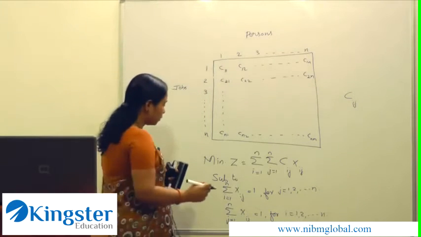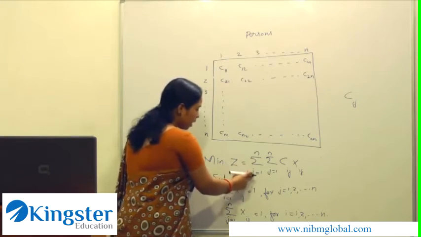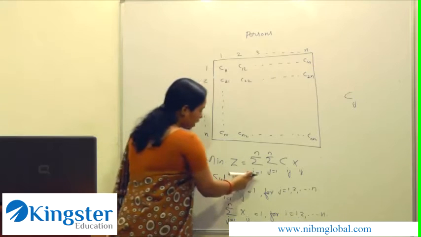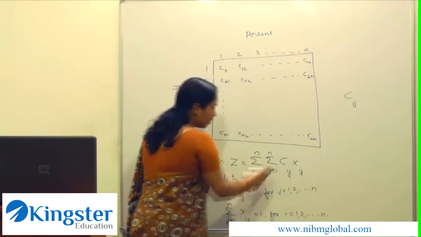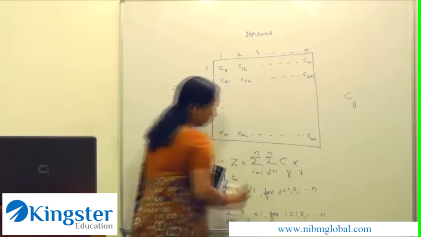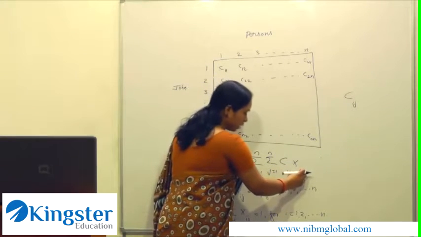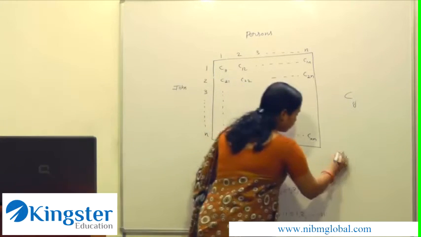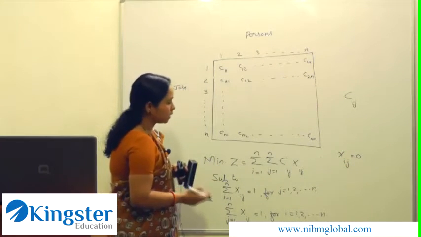The mathematical formulation of the problem is minimizing the cost: minimize Z equals sigma i from 1 to n, sigma j from 1 to n, Cij into Xij, where Cij is the cost of assigning the ith job to the jth person, and Xij is equal to 1 if the ith person is assigned to the jth job, and Xij is equal to 0 if the ith job is not assigned to the jth person.